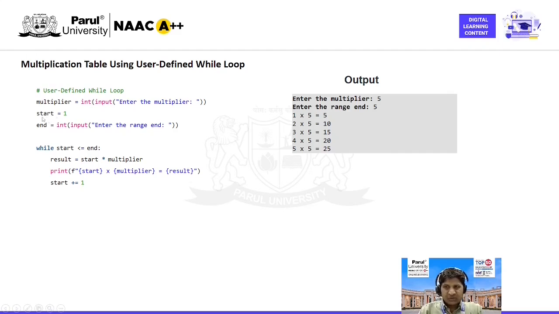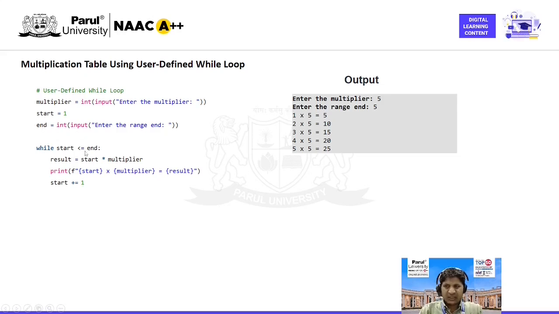You start from 1. If you enter 2 here, then your pointer starts from 2, and end is where you want to end: while start is less than or equal to end.